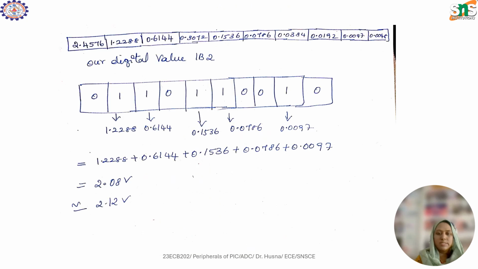I have plotted all these values in a table, where the enabled bits are the second, fifth, sixth, and seventh. Adding all of these, we again get a value of 2.08, an approximation of 2.12. Thanks for watching. In the next lecture we'll see DAC conversion.